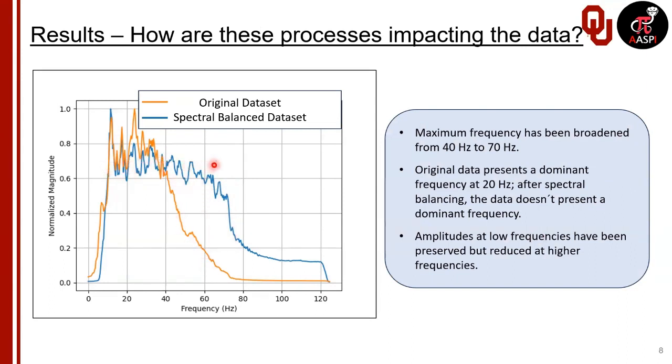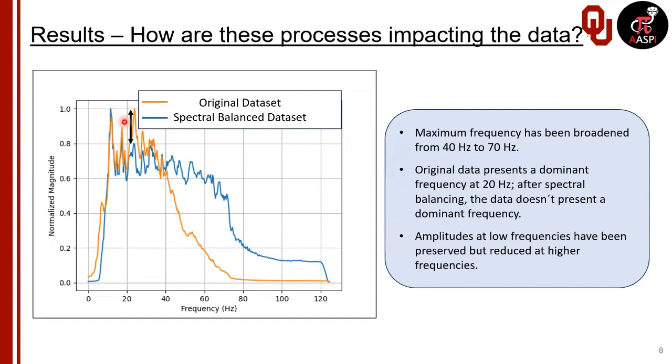Now we have a flatter spectrum, and we enhanced the usable frequencies of these data sets. It's not included here, but after applying SOF, the frequencies are not changing, which is expected because SOF doesn't play with the frequencies of the seismic.